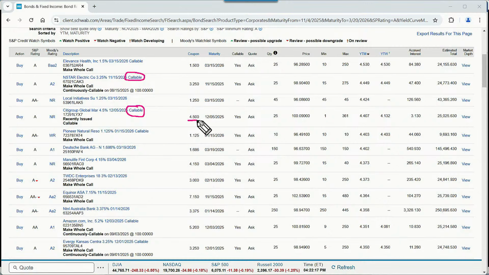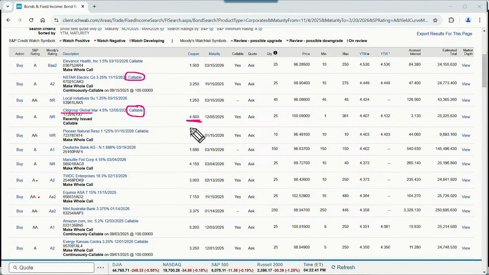Here's a 4.5% coupon rate. This is callable, which means Citigroup Global can buy back, can pay you back your original principal on that bond early and not have to continue paying that coupon out. Now, why would they want to do that?